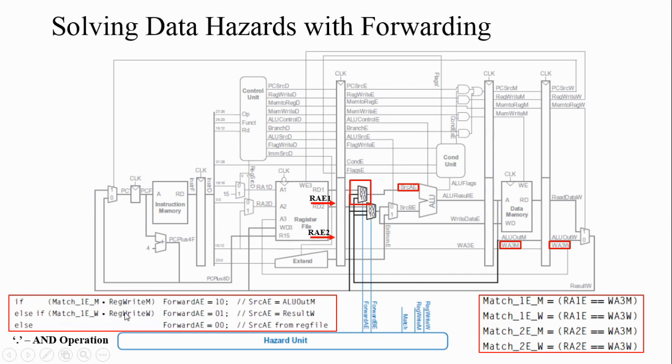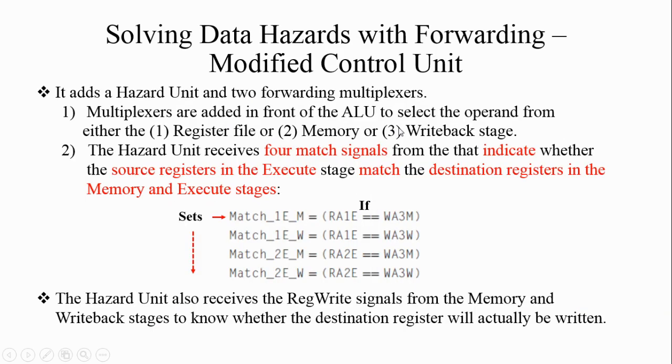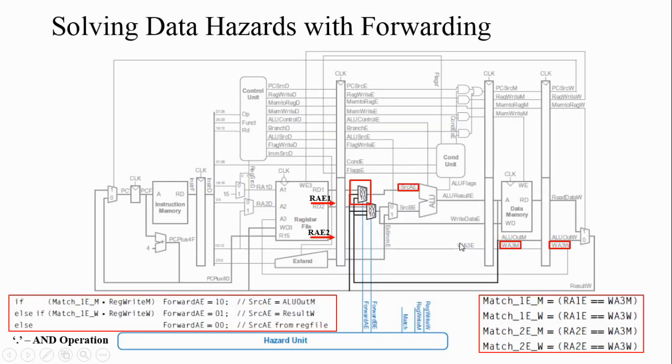In addition to the memory and write back register enable signals, you will be generating ForwardAE and ForwardBE, these two signals. By combining the match signals and register write, you will be generating this. So this is how you modify the previous control unit to incorporate the forwarding technique. That is what is explained here, right?